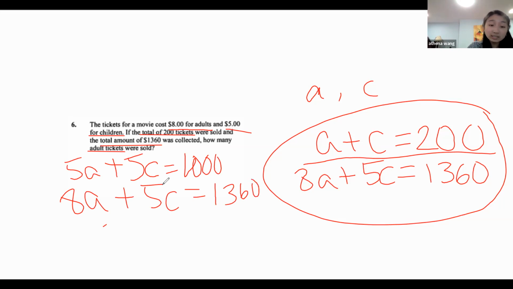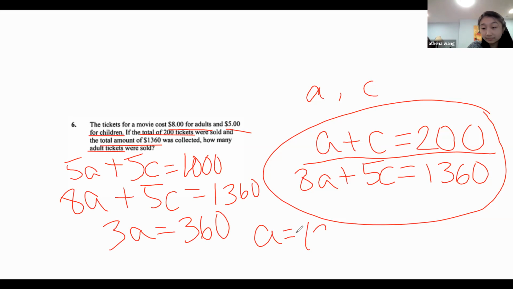So we just subtract, and we have that 3A equals 360. So A equals 120. So this would have been one of the grid-in ones because this was not multiple choice. And so if you got 120 without looking at the answer, that would have been good.